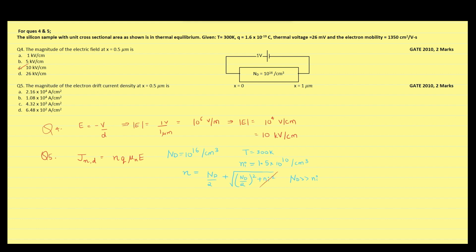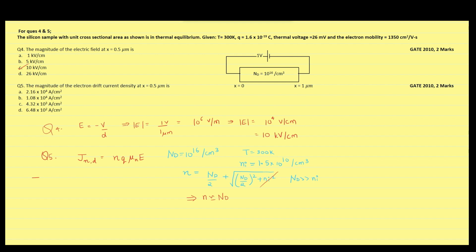After solving the expression, you will find the value of free electron concentration to be approximately equal to doping concentration. This approximate sign comes only because we have ignored intrinsic carrier concentration. Now, electron drift current density comes out to be Nd into Q into mobility of free electron multiplied by electric field. Now we have to simply put the values of different parameters.